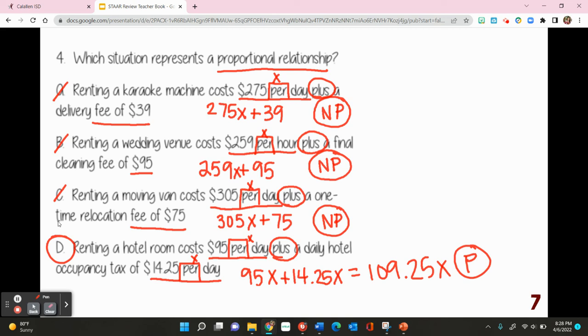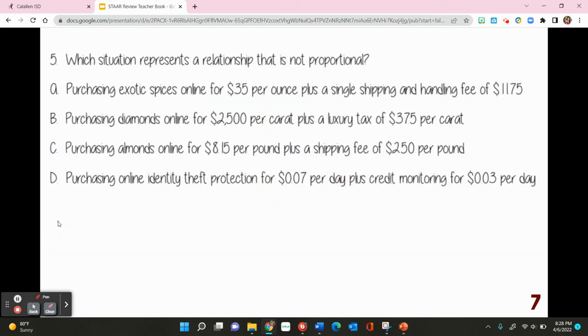Now let's go ahead and look at number 5. So for number 5, it says which situation represents a relationship that is not proportional. So this means that my values cannot be combined. So looking at A, it says purchasing exotic spices online for $35 per ounce plus a single shipping and handling fee of $11.75.